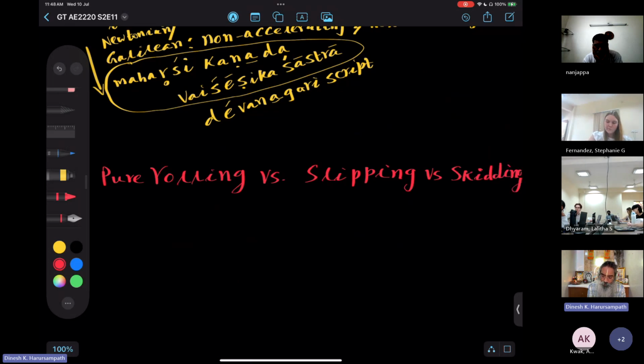A lot of people interchangeably use slipping and skidding, but technically speaking, in dynamics, these are two different things. They're not exactly the same. Can any of you unmute your microphone and let me know what you understand by these? It's okay if you are not precise about it, just from your basic understanding. Please go ahead.